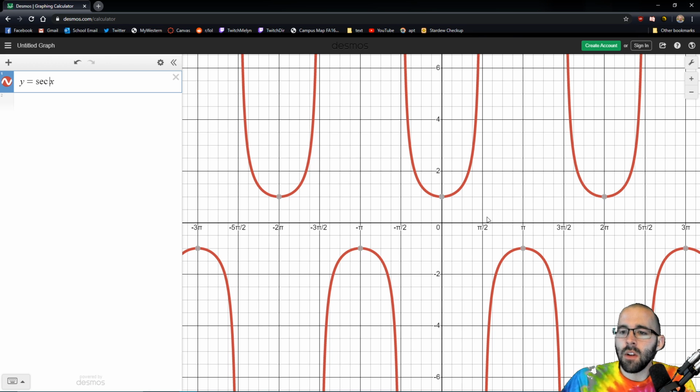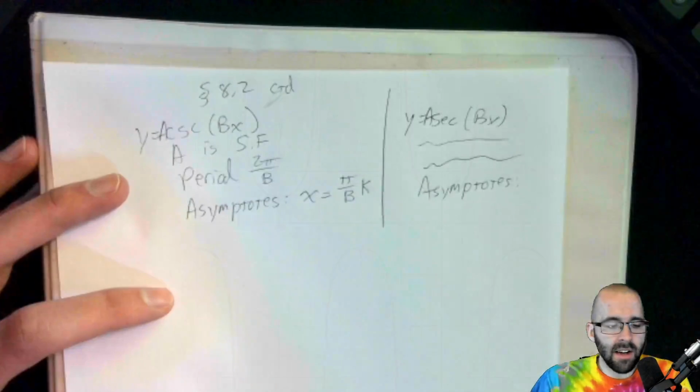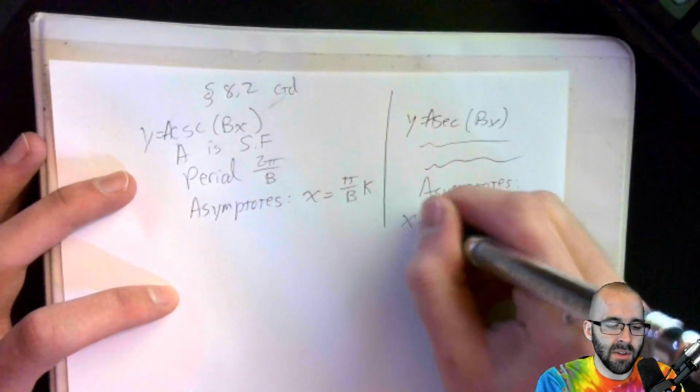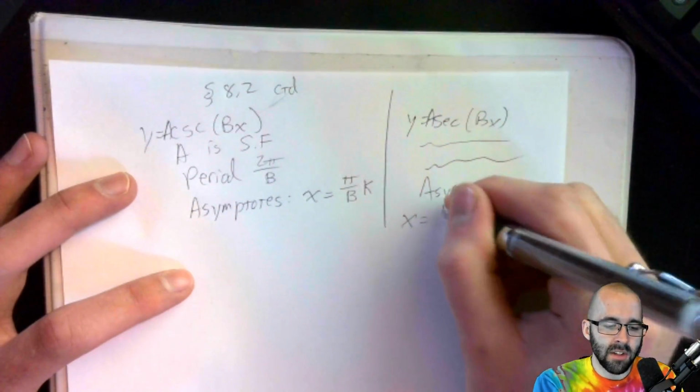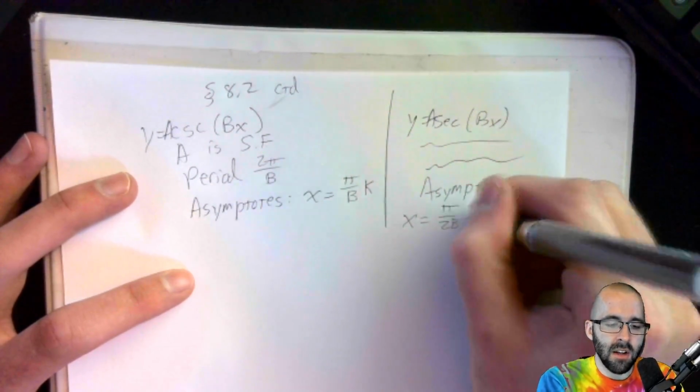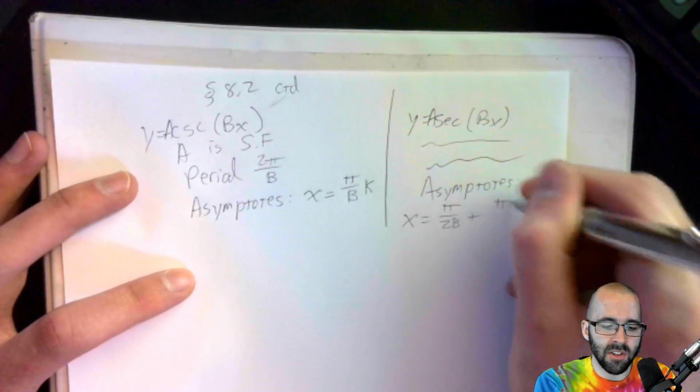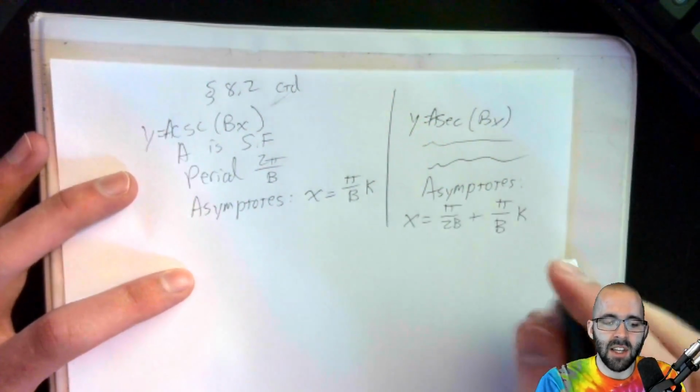The first one's going to be at a quarter of a period, and then they repeat every half of a period. So it's x equals a quarter of the period, which is pi over 2b, plus every half of a period, which is pi over b, times k.